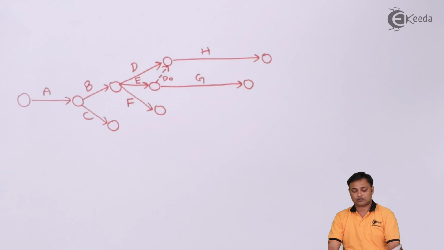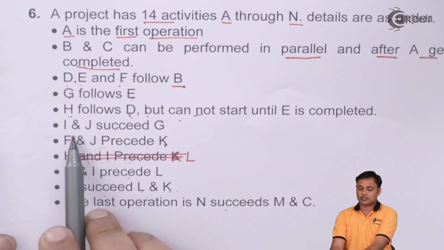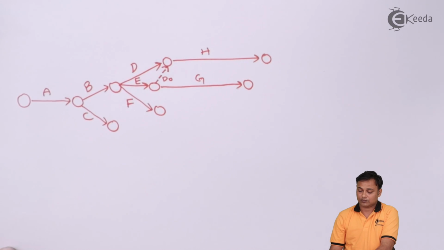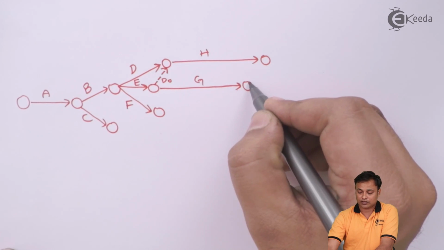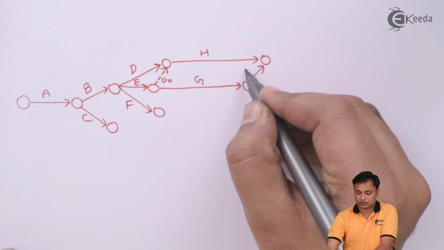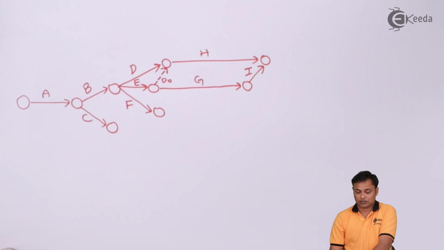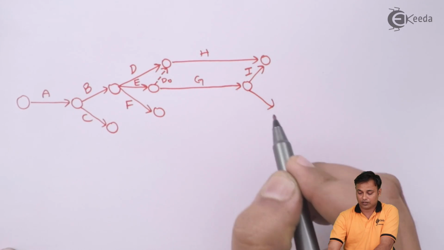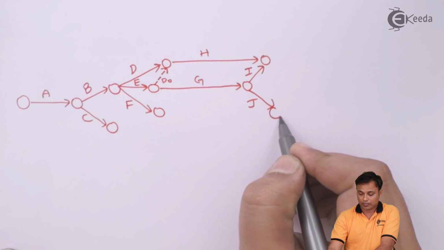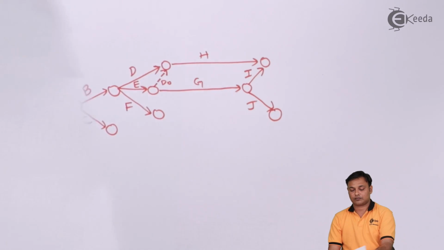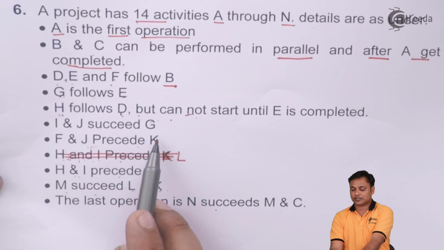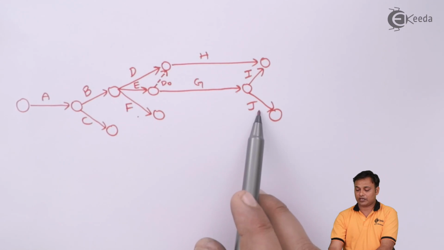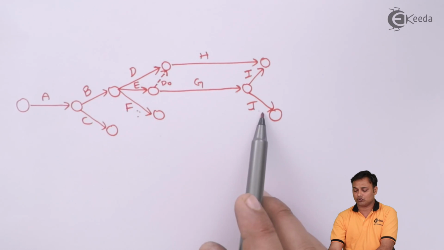And then we have I and J succeeds G. After G we have I, and we have a J. F and J precedes K. F and J precedes K means I need to join these two.